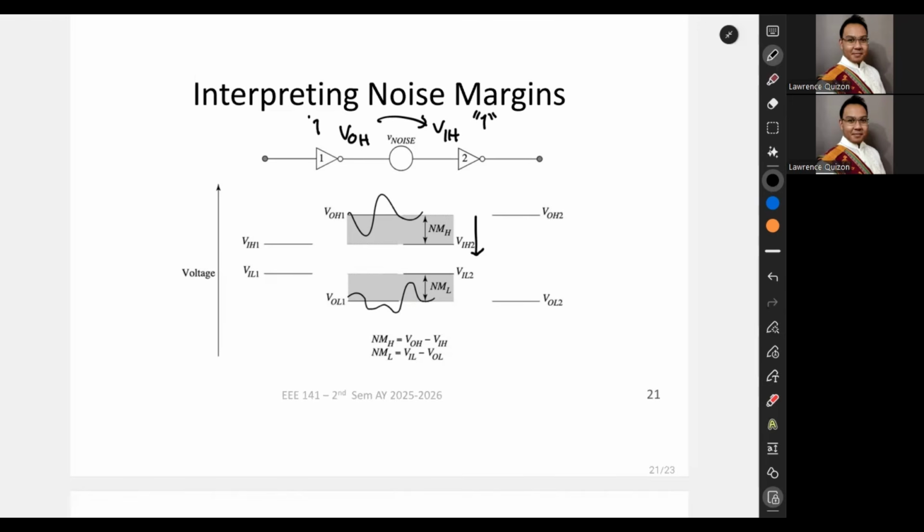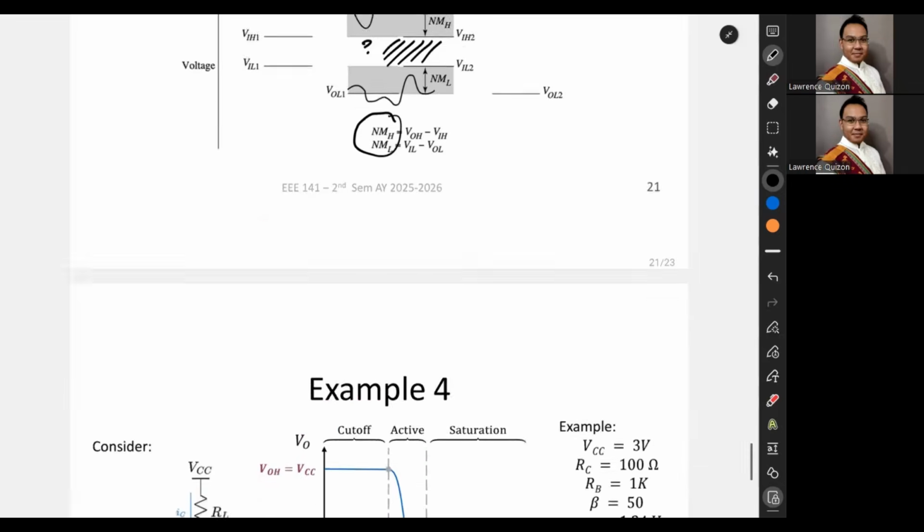Because below VIH, you don't know what this is anymore. And this is why we need these noise margins.